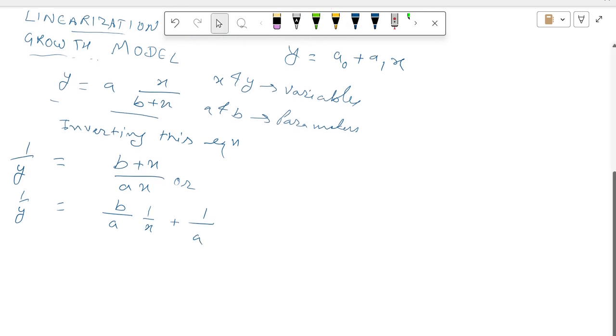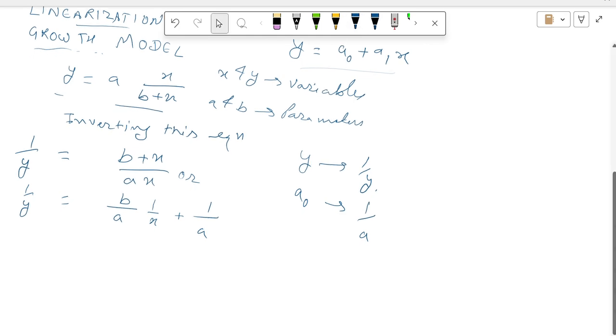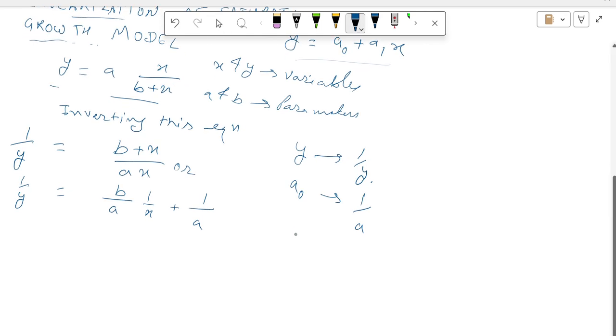And if you compare it to this, your y has turned into 1/y, your a0 has turned into 1/a, your a1 has turned into b/a, and your x has turned into 1/x. So that's how it is right now.